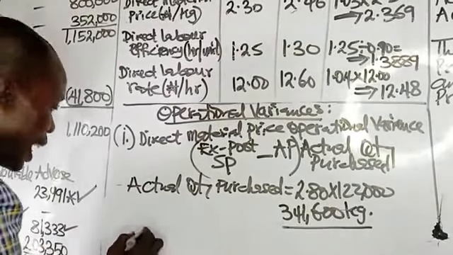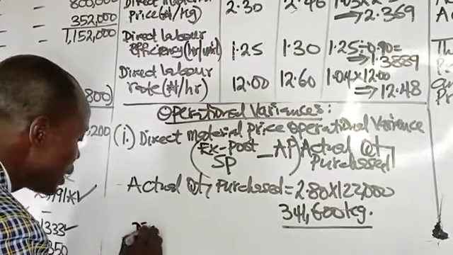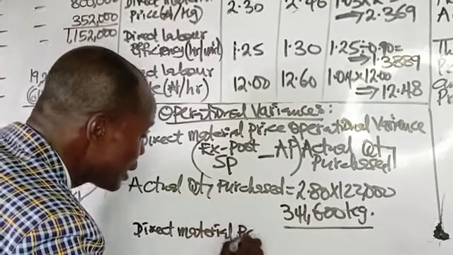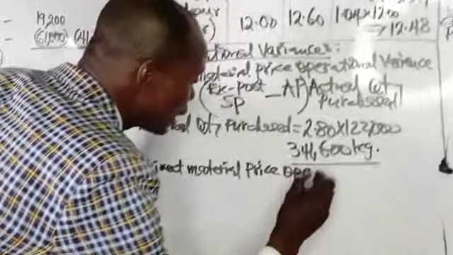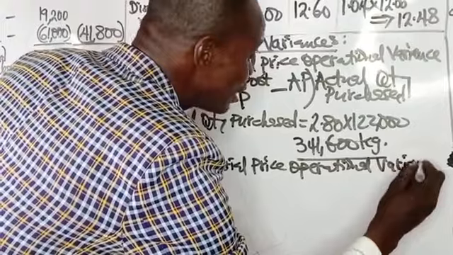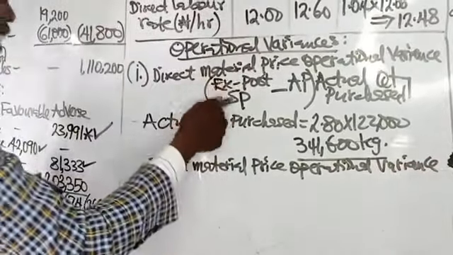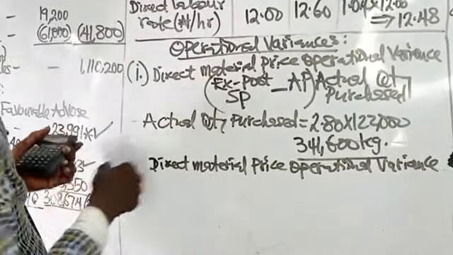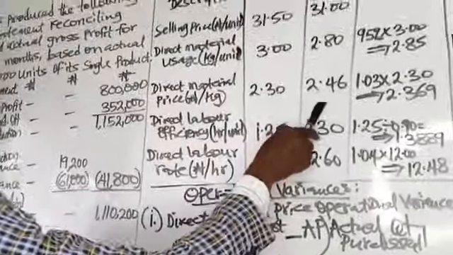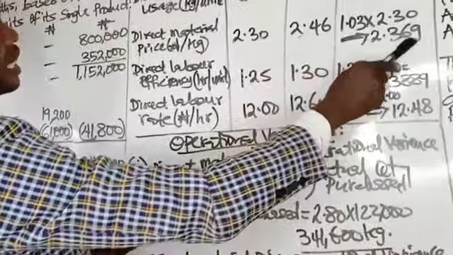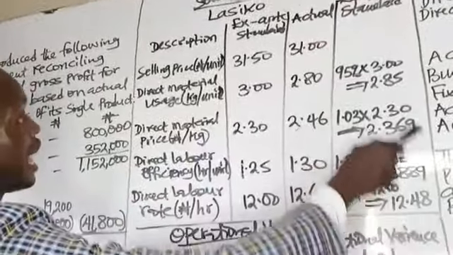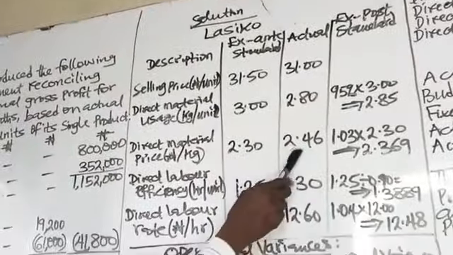Therefore, to compute the direct material price operational variance, we have the exposed standard price, which is 2.369, and our actual price is 2.46.